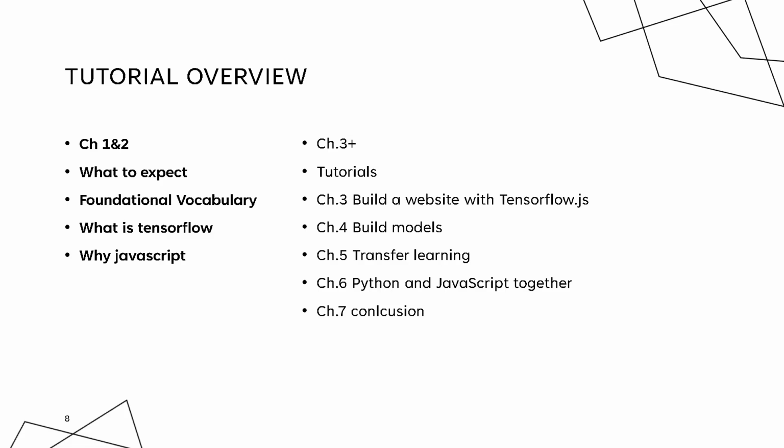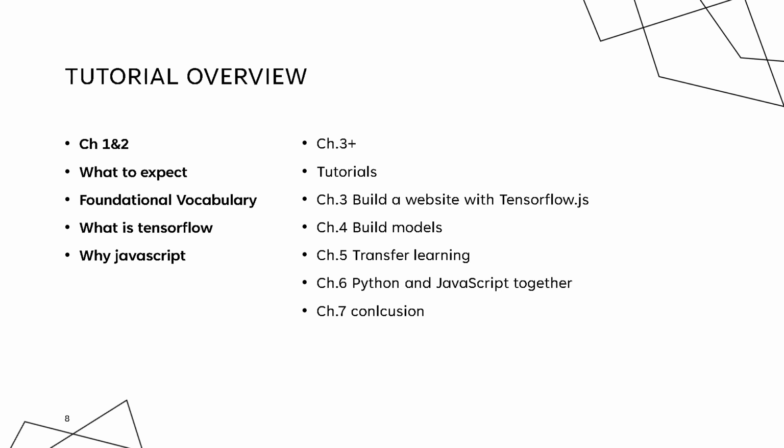So the overview is chapter 1 and 2 is what to expect. Foundational vocabulary. For example, we have object detection versus image recognition and many other definitions that are good. What is TensorFlow and why JavaScript compared to any other language? In the following chapters, 3+, we have tutorials.